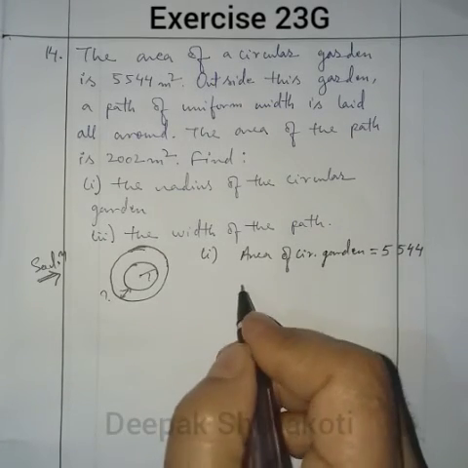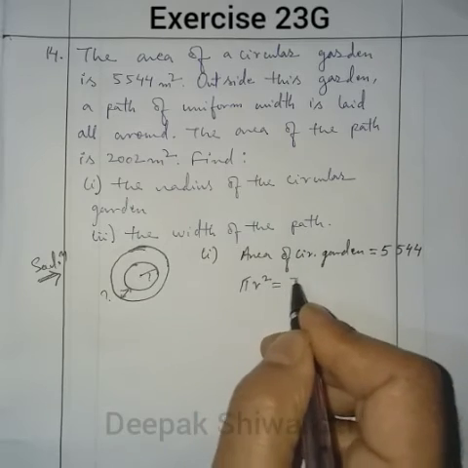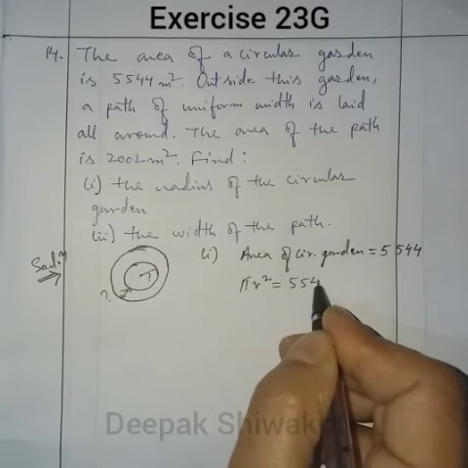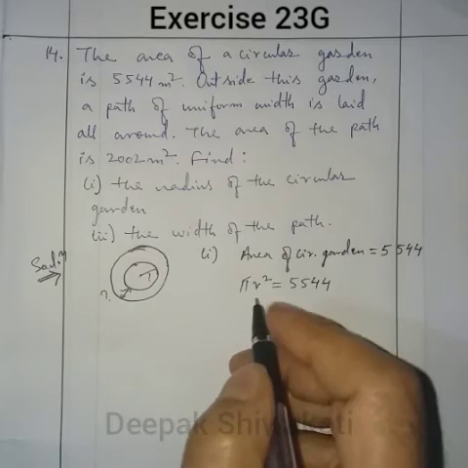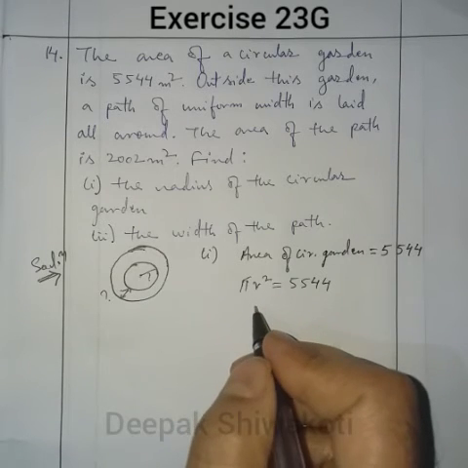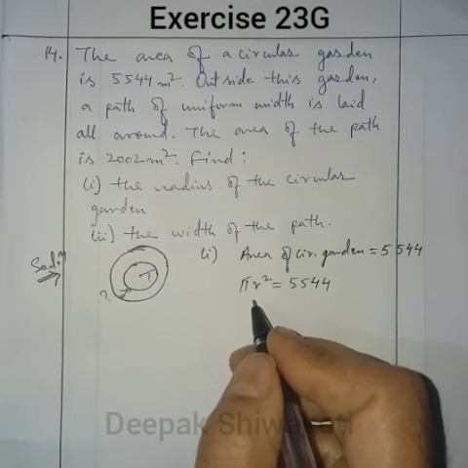So area is given by πr². So this side 5,544. By this way we can find the radius of this circle.